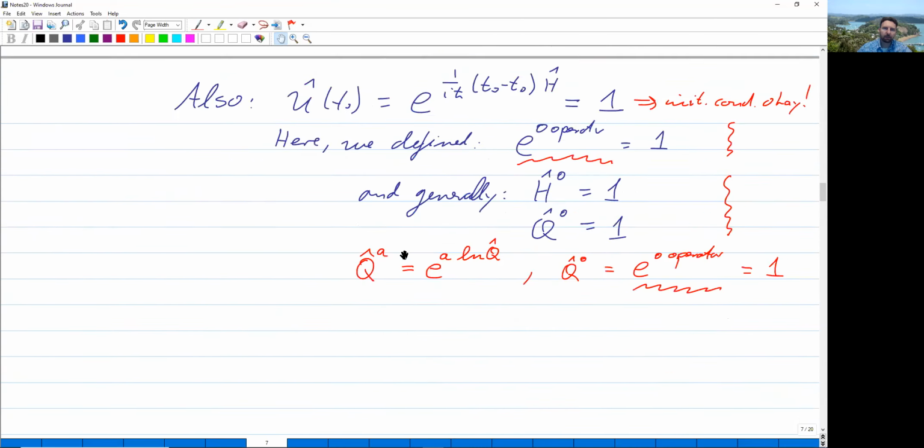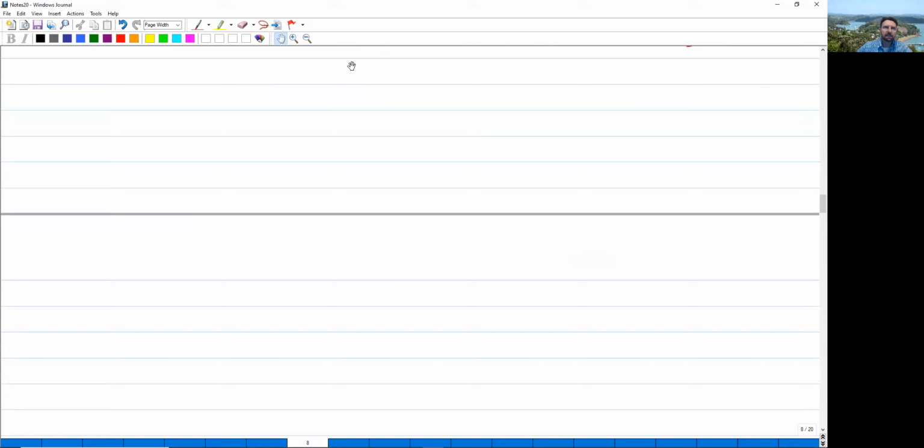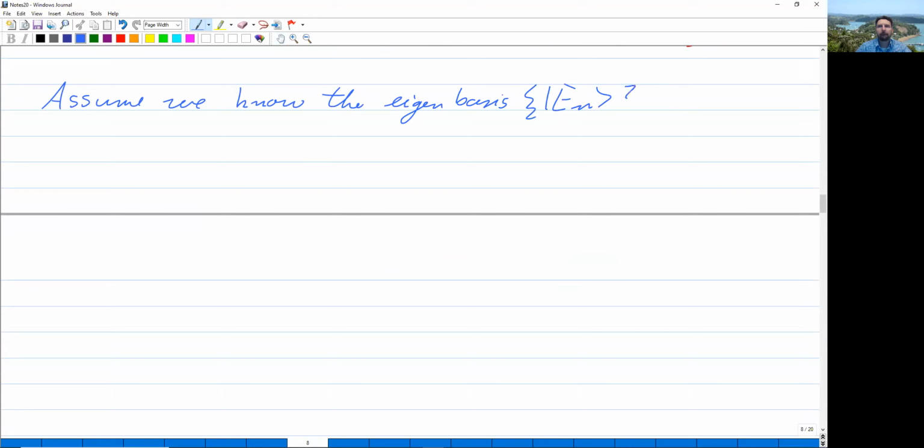Let me spell this out. So, assume we know the eigenbasis of the Hamiltonian.